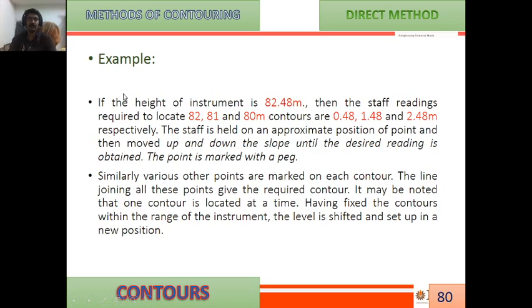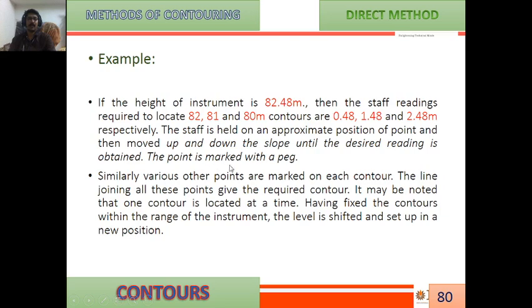So for example, if the height of instrument is 82.48, to get the elevation values for 82, 81, 80: for 82 the staff reading must be 0.48, for 81 it must be 1.48, and for 80 it must be 2.48. So if you subtract these values, you will get the elevation values. So you have to keep on moving to those points. From here the elevation value is getting down, so obviously it is a downward sloping terrain.